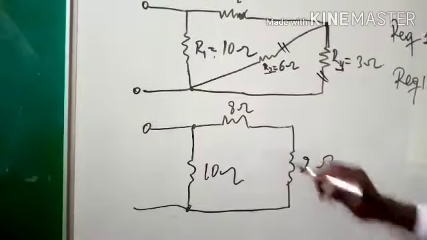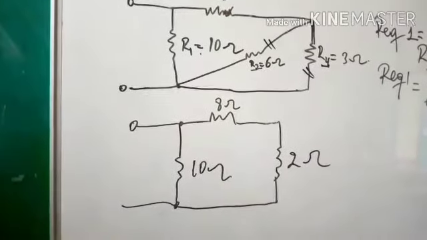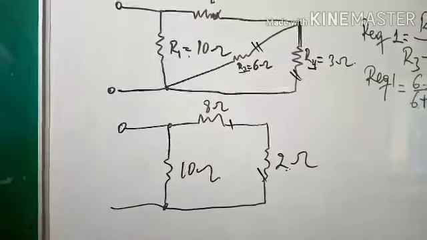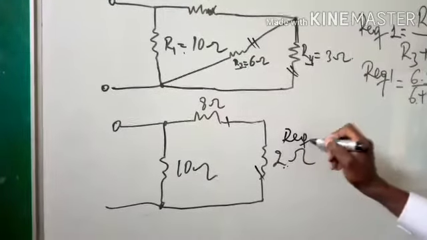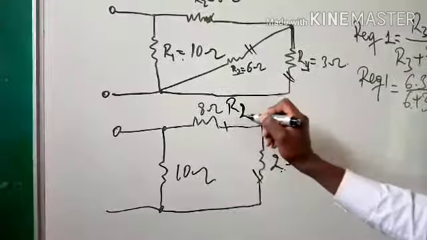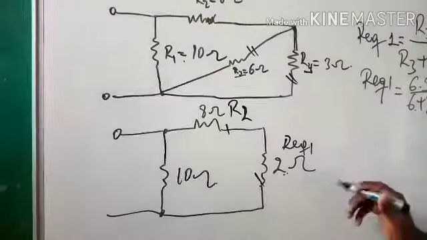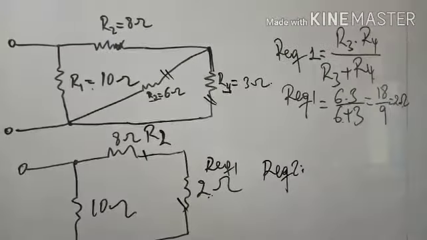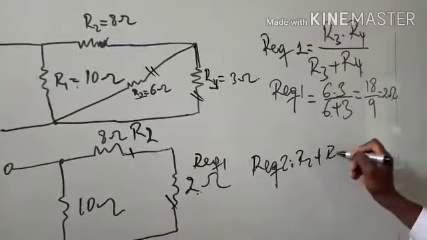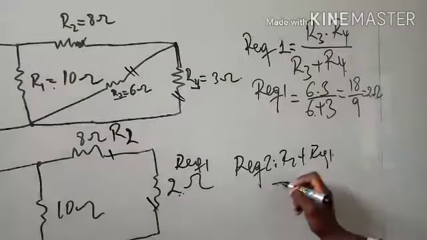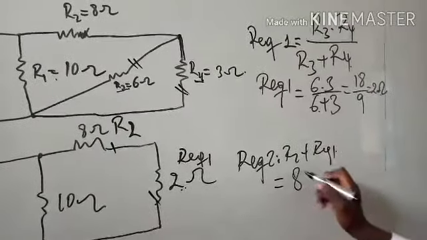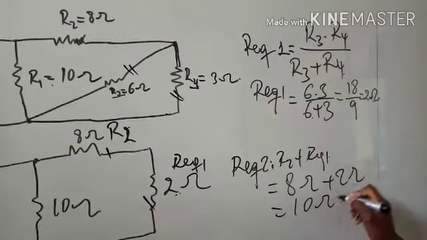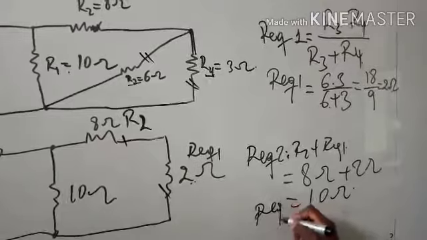So let's see this and this, we see that they are in series, and it means that this resistance R equivalent 1 and R2 are in series, and then we will combine them. R equivalent 2, let's say, will be equal to R2 plus R equivalent 1, then we remain with 8 plus 2, then we get 10 for R equivalent 2.